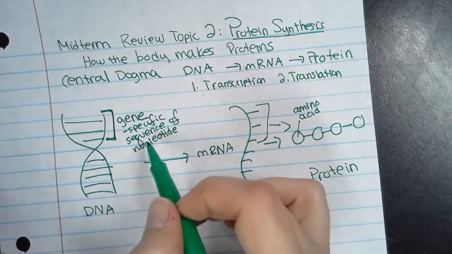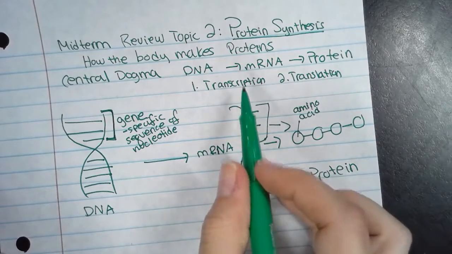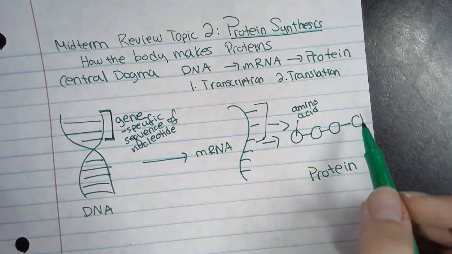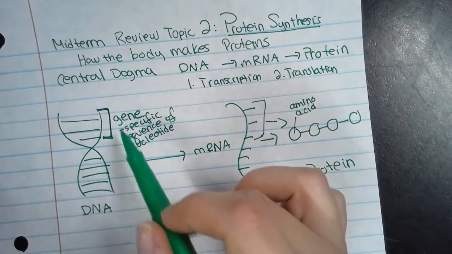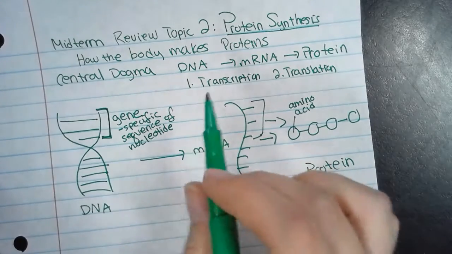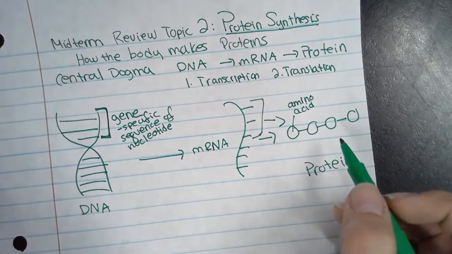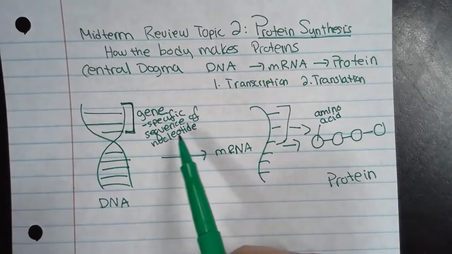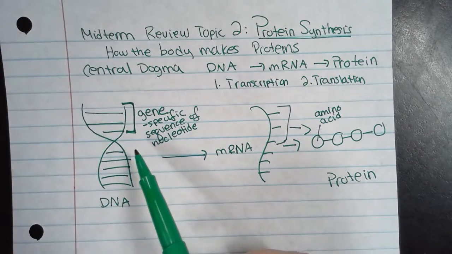The specific sequence of nucleotides determines the RNA that's transcribed, which therefore determines the type of protein that's made. So basically, if anything within this sequence of nucleotides changes, that means that my protein is also going to change. And remember, my nucleotide is just the building block of DNA.